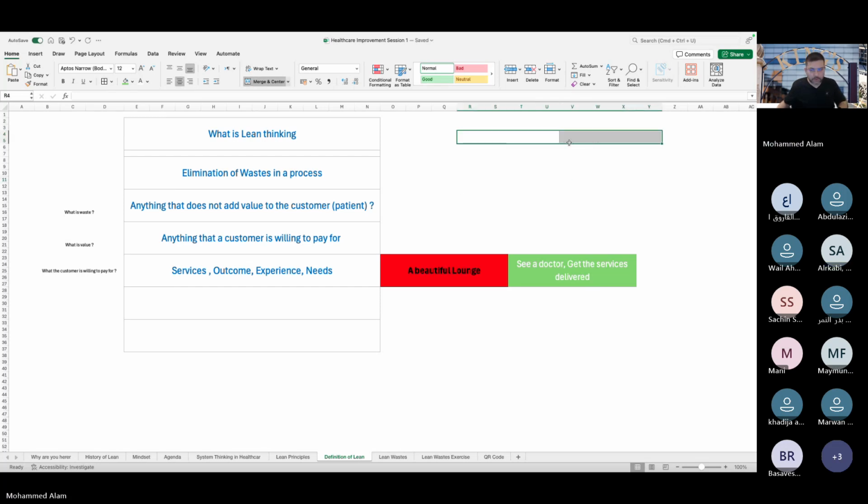So you bought a car. The car was, say, Saudi Riyal 50,000.